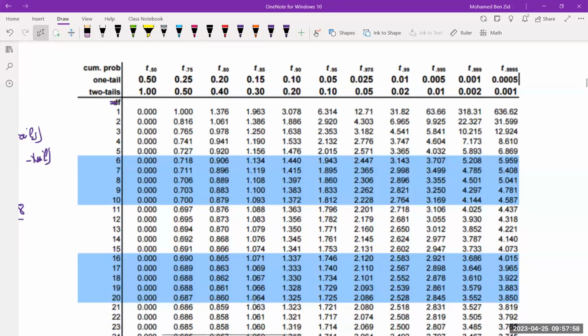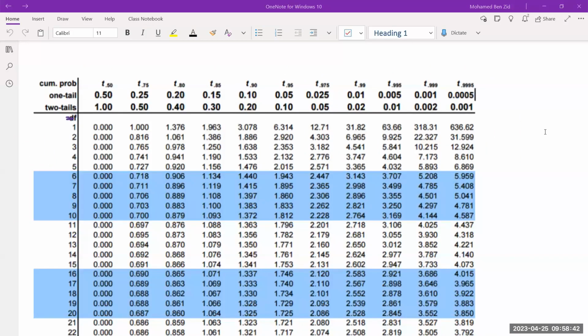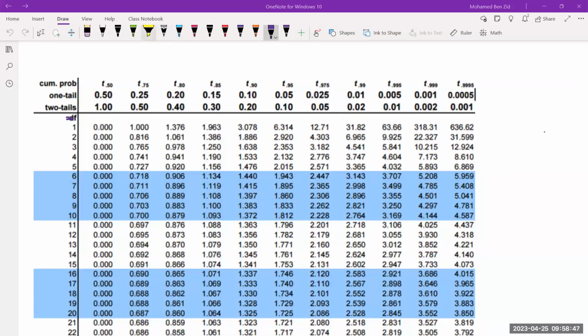All right, so we were saying that we need the degree of freedom, which is 18, and that's the line of 18. It goes all the way. And if you remember, we said for one tail, it's going to be 0.001.